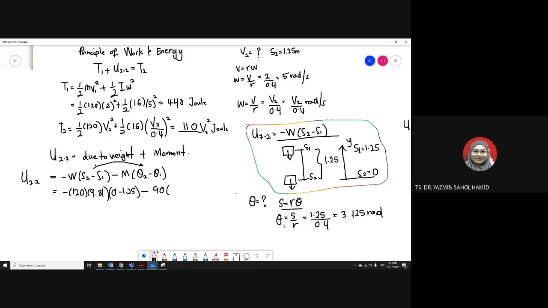So this is our theta 2. Our theta 1 is 0, minus 0, so no need to write it. Can you find me the answer? So this is minus 120 multiplied by minus 125, it becomes positive. What is this answer? Work also, the answer should be in joule.